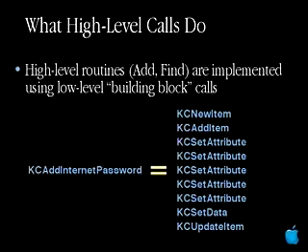When you're calling add internet password to put something into the keychain, it's actually doing the work of all of those items that you see there on the right-hand side to set up the item, to associate it with a keychain, to associate the attributes you've passed in, and finally to update it and write it out to the keychain storage.